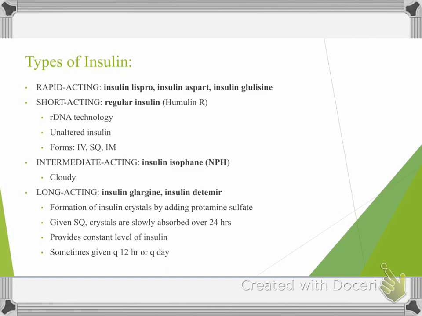So it just produces over and over again. It's kind of like we've taken the E. coli hostage, and it just produces that human insulin for us over and over again. It is unaltered insulin, so it is the exact form that ours is.